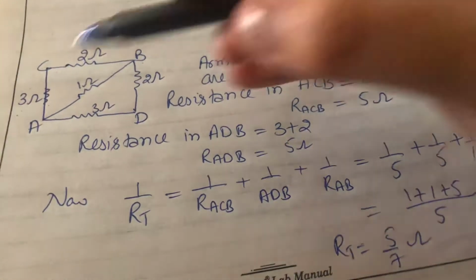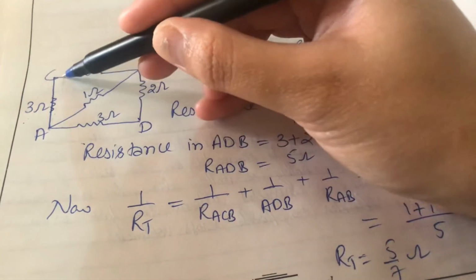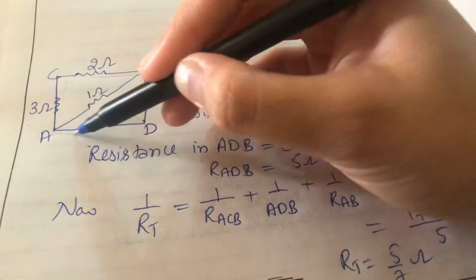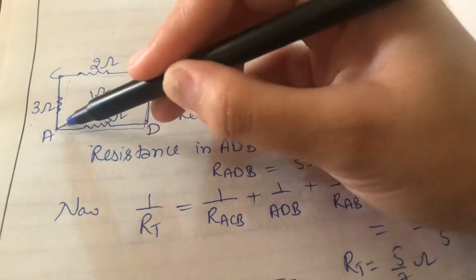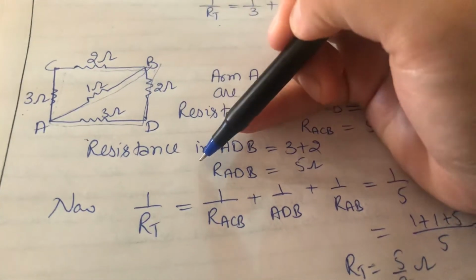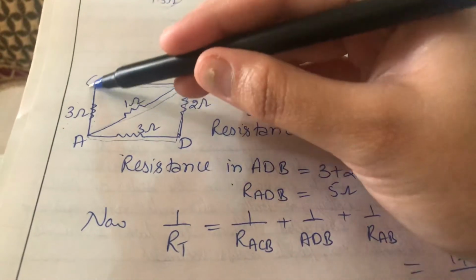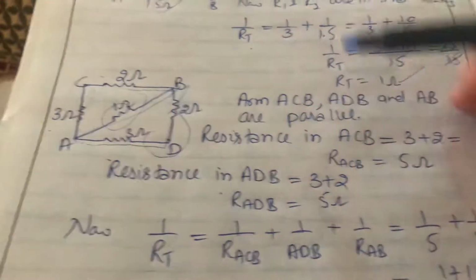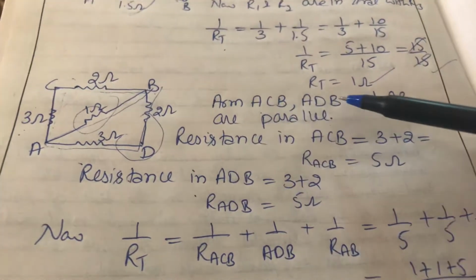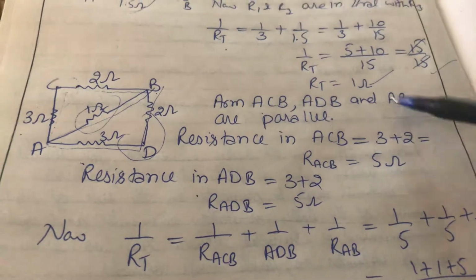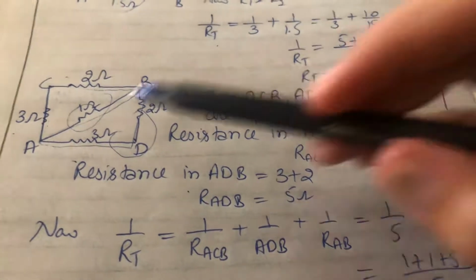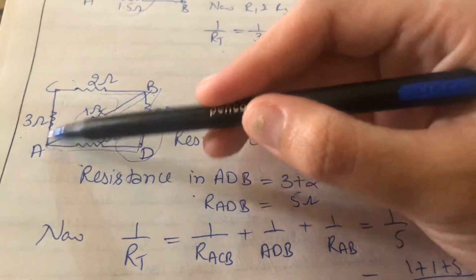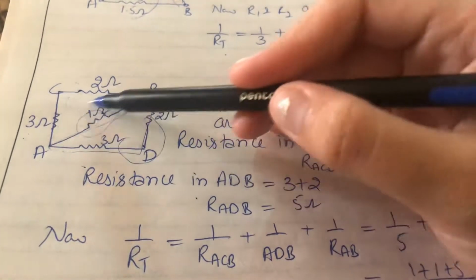So, we have 3 arms, this, and this, to go from A to B. These 3 ways or these 3 paths are parallel to each other, arm ACB, arm ADB and AB. Okay. So, in this path ACB, both the resistors are in series.